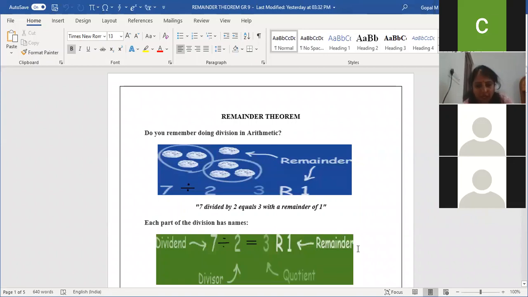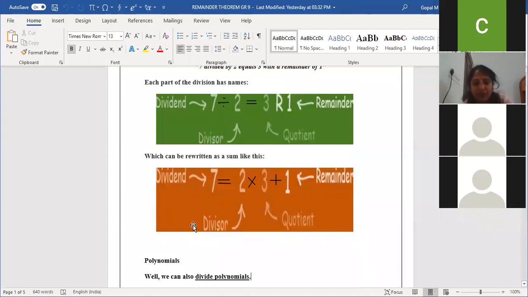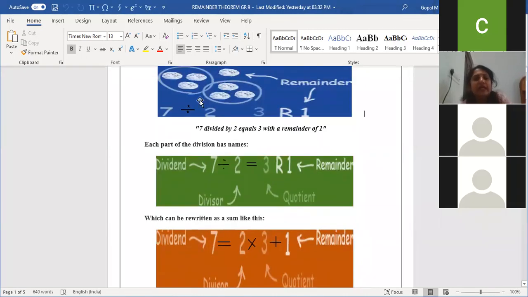Here 7 is the dividend, 2 is the divisor, 3 is the quotient, and 1 is the remainder. Am I clear, children?